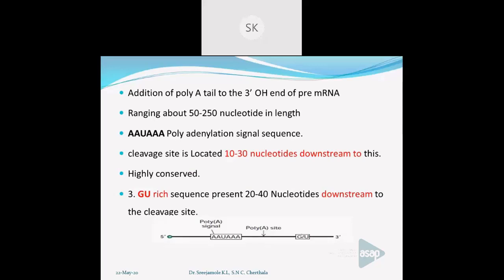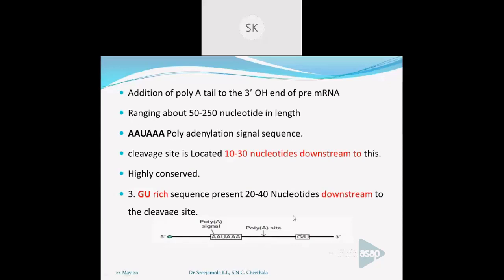After this AAUAA site, 10 to 30 nucleotides downstream, there is a highly conserved portion known as the cleavage site or the poly-A site.